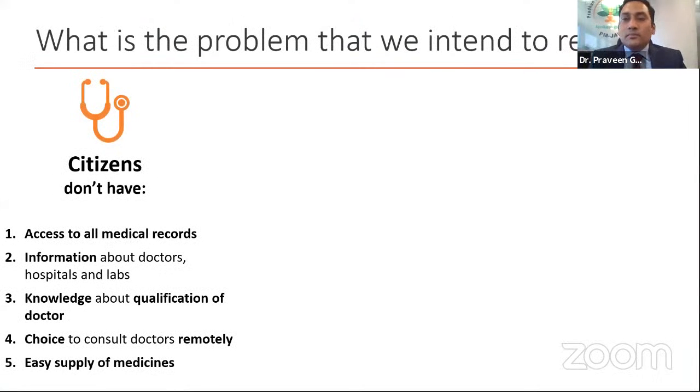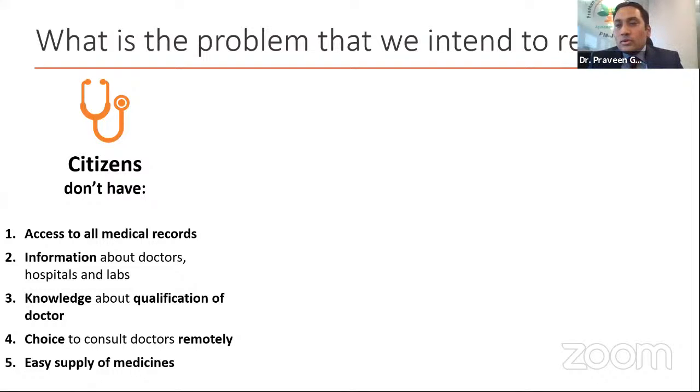So the problem and the necessity of digital health is too well known to be discussed in detail. But in short, if we discuss citizens or individuals or patients, they themselves don't have all their medical records at one place, and I am sure this problem is there, which each one of you must be facing.